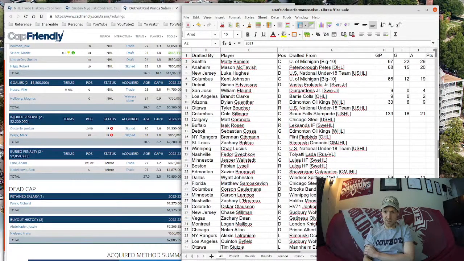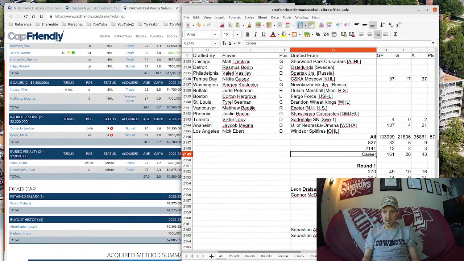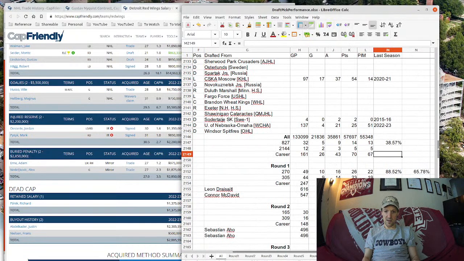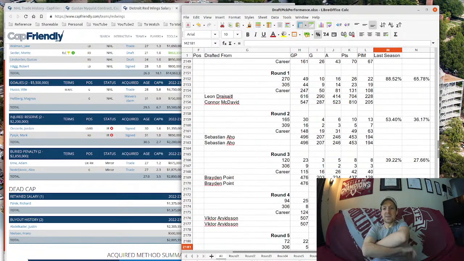Because what did we have for first round picks again? Their expected performance is, like I said, something like a third line player.